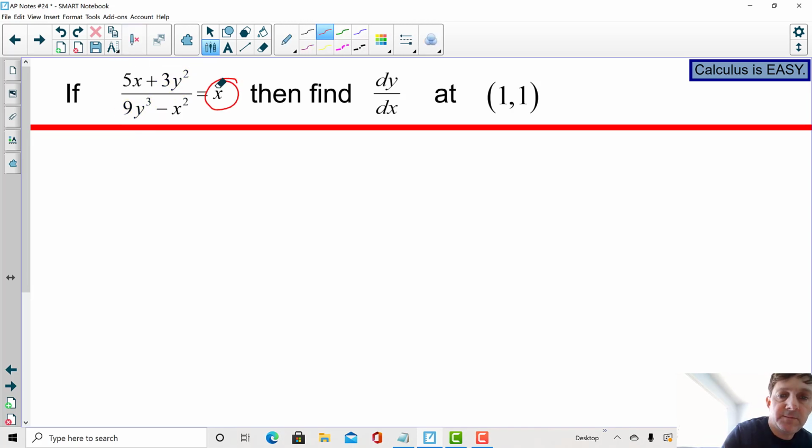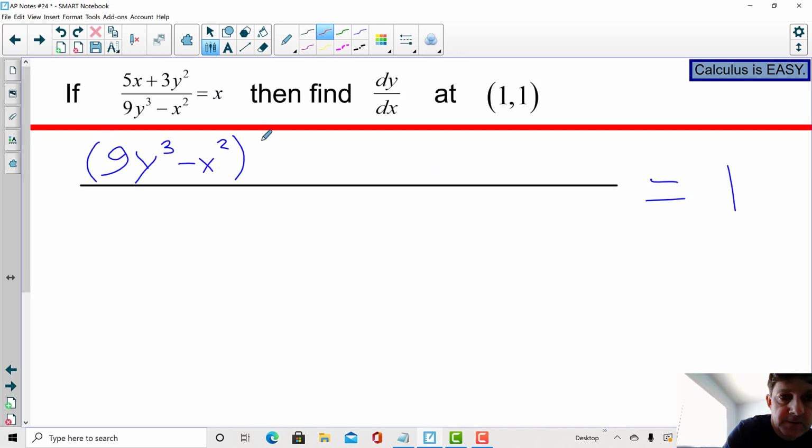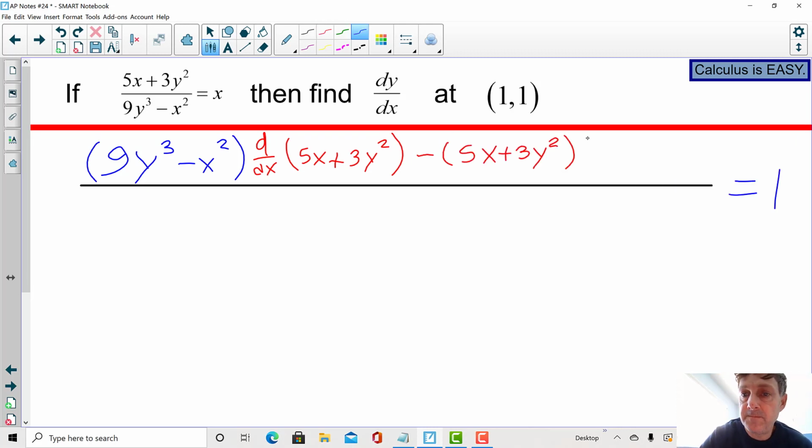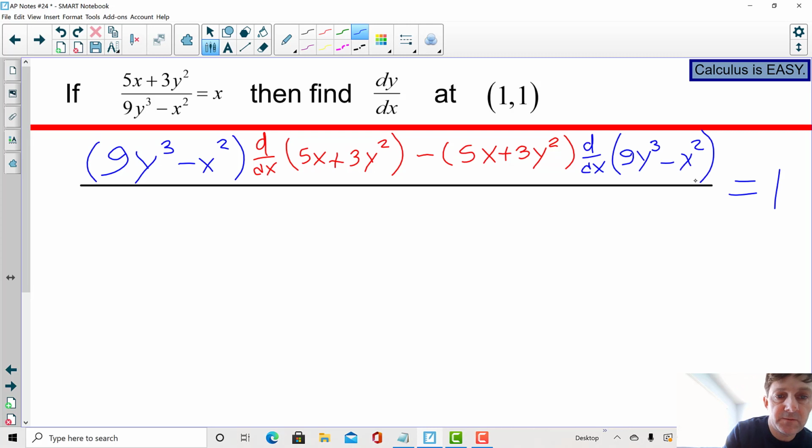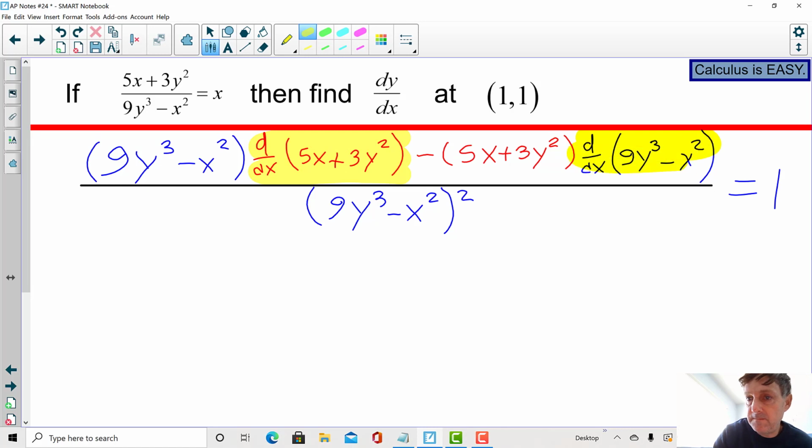Okay, derivative of the right side is pretty easy. Derivative of x just gives you 1. It's going to be the bottom times the derivative of the top minus the top times the derivative of the bottom, all divided by the bottom squared. Okay, we have two derivatives that we still have to do, this one and this one.